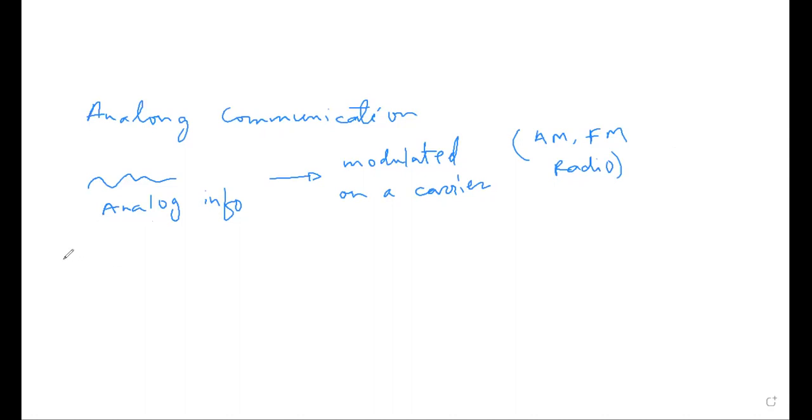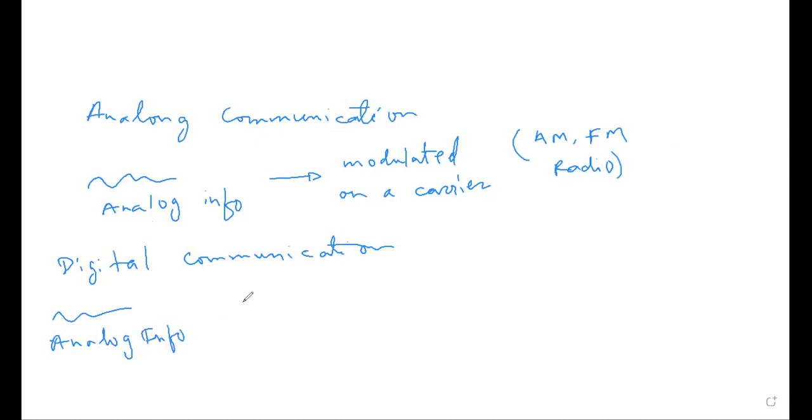But in the case of digital information, digital communication, your original analog information is first converted into digital information.